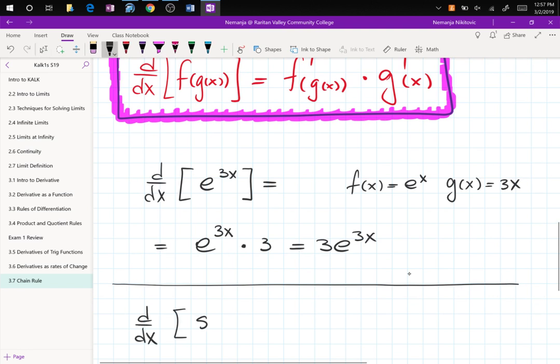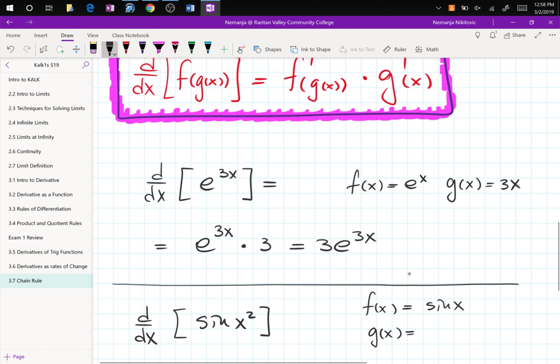What's the derivative of sine of x squared? What's the outer function f of x? Come on. Sine x. And what's the g of x that's plugged in?